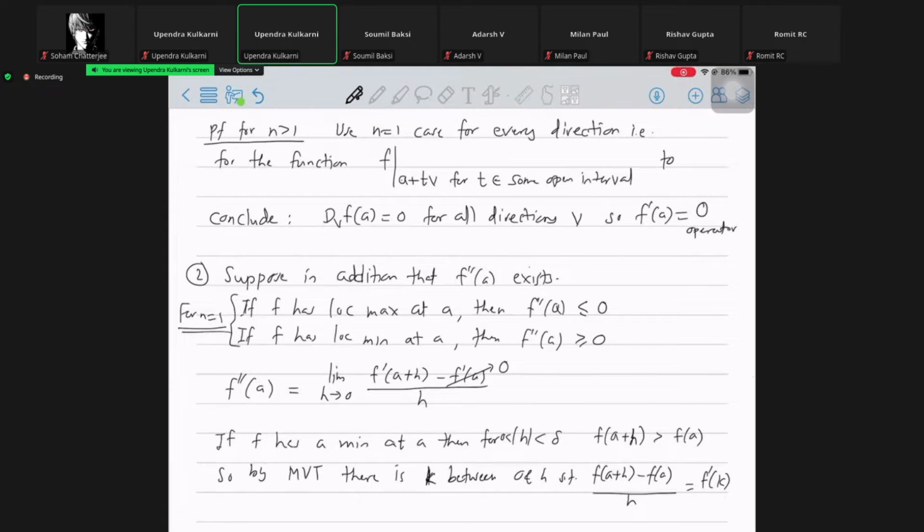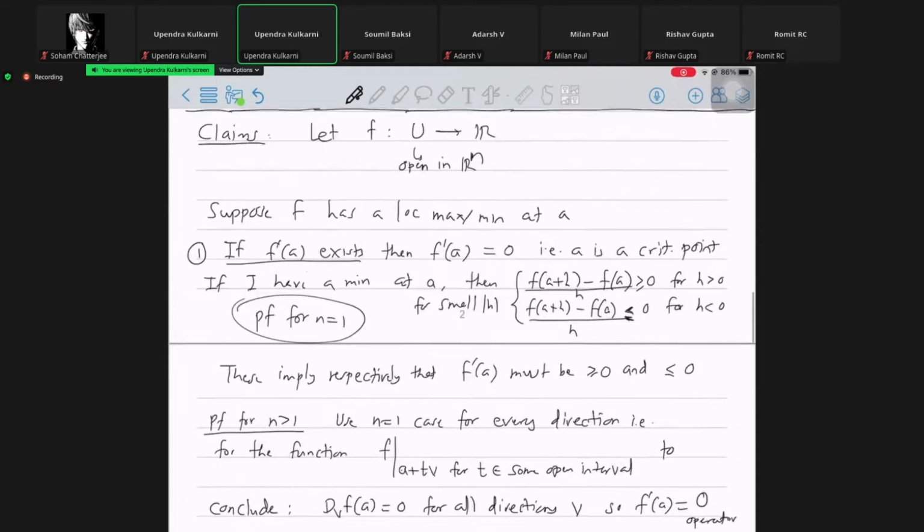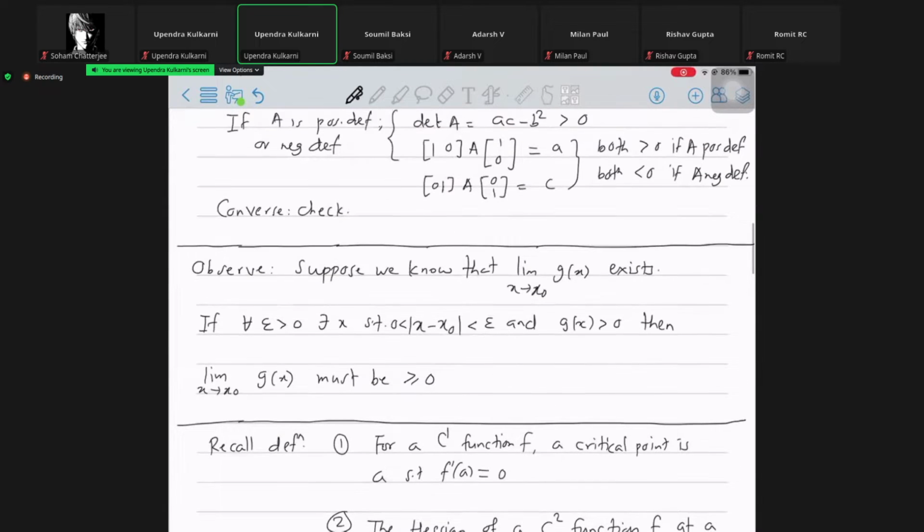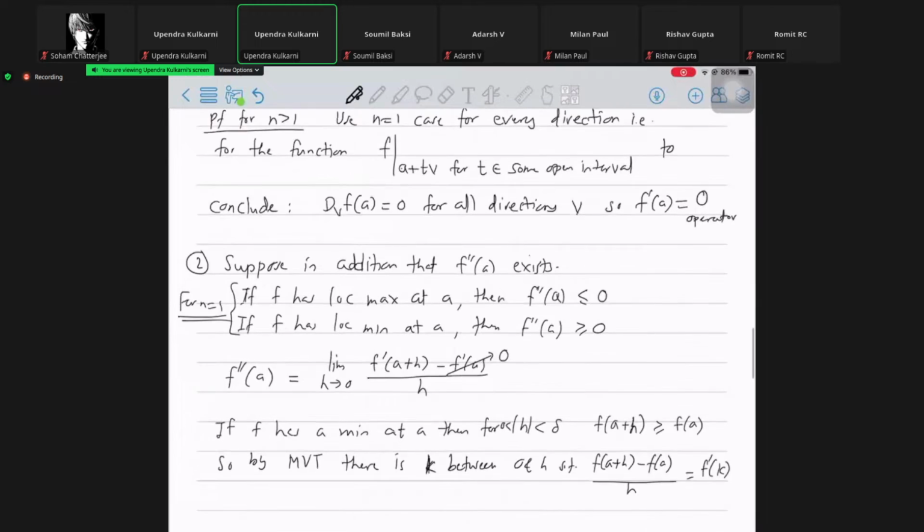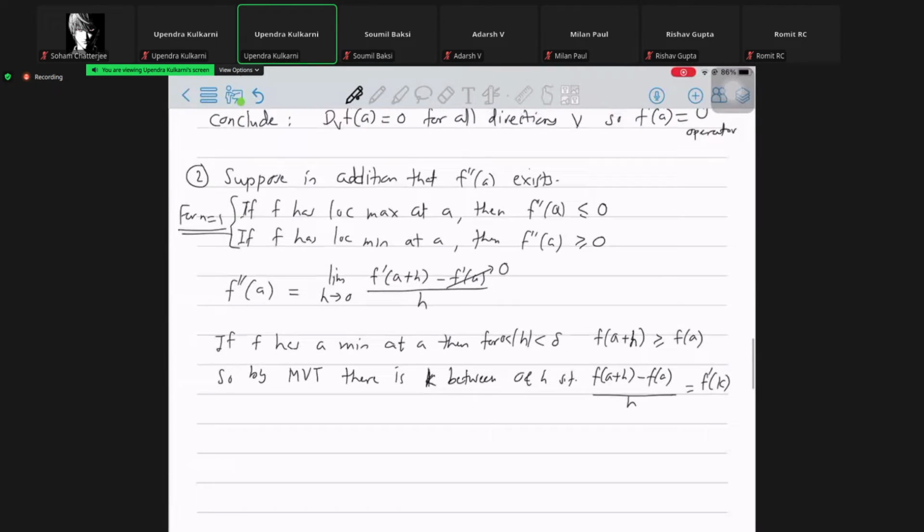Remember, the numerator in this window is always a positive or non-negative quantity. So for every such h, the numerator is going to be greater than or equal to 0.